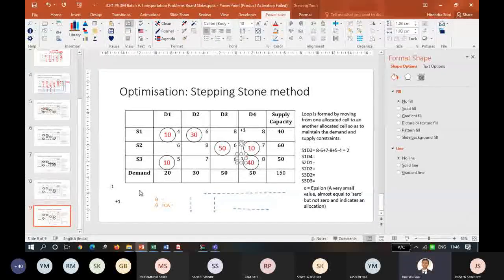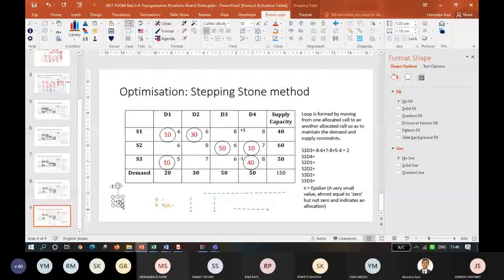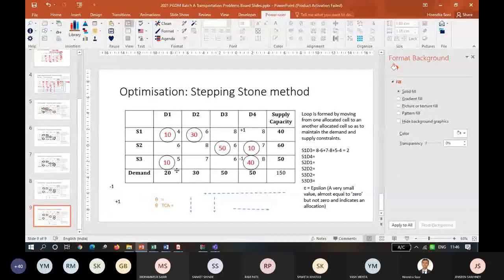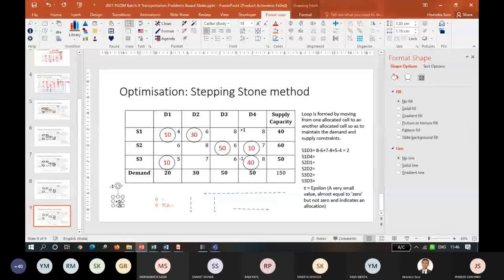Then after that plus 1. S3D1. S3D1, then S1D1.